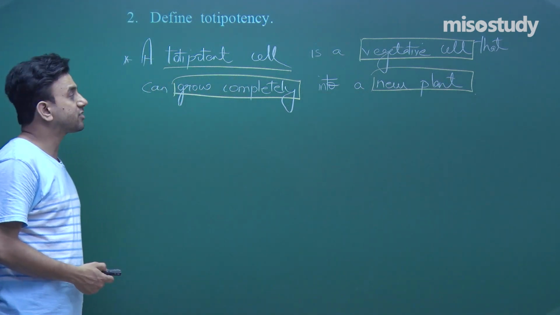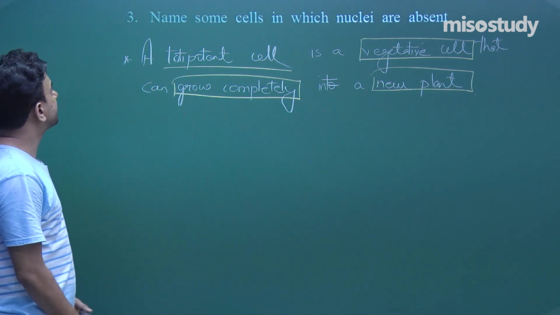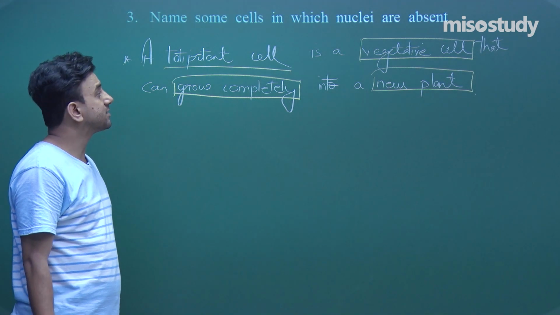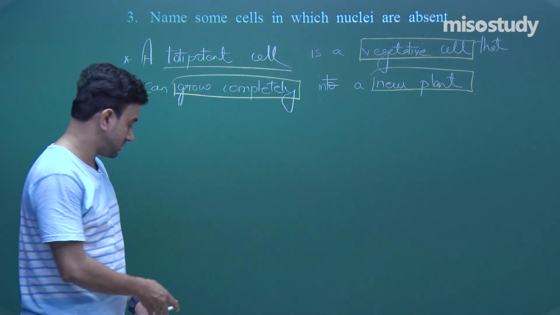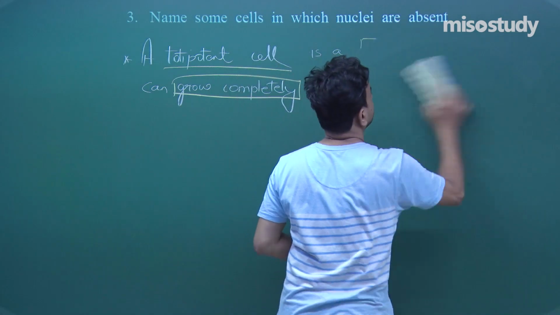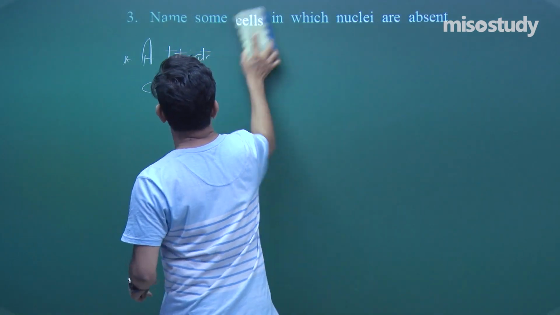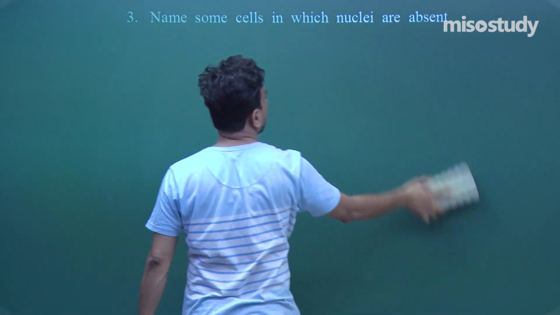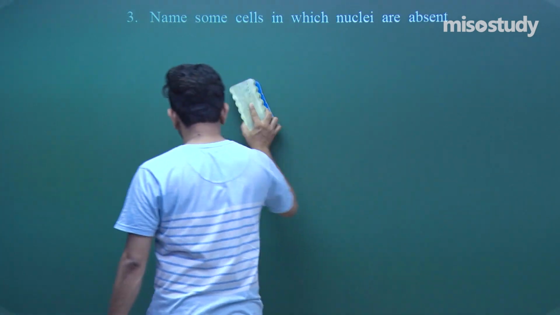We now talk about the next question, and that is: name some cells in which the nuclei are absent, right? Name some cells in which the nuclei are absent.